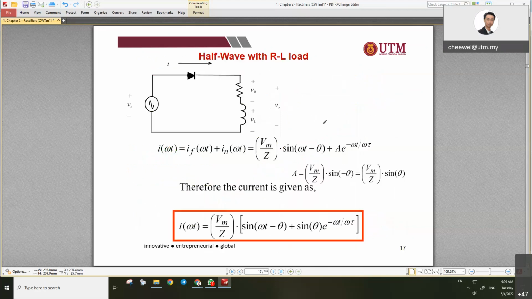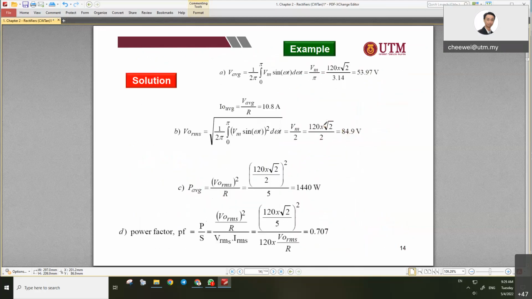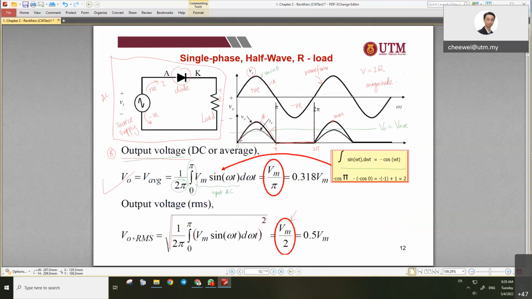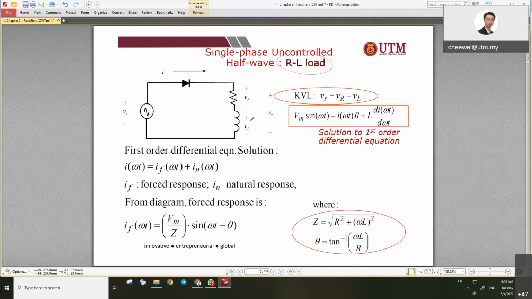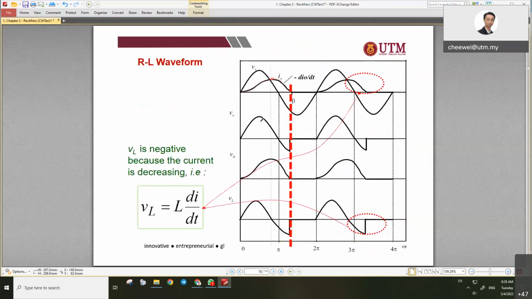It is different from the previous case, where the current and voltage are in the same phase, from 0 to pi and 0 to pi, because this is only R, a constant, with no effect on the output. But with the RL waveform here, the current goes up to the peak and goes down until 0. This point is known as beta.